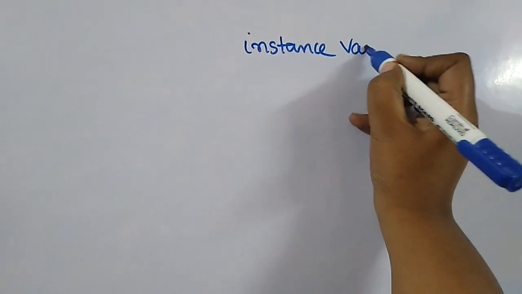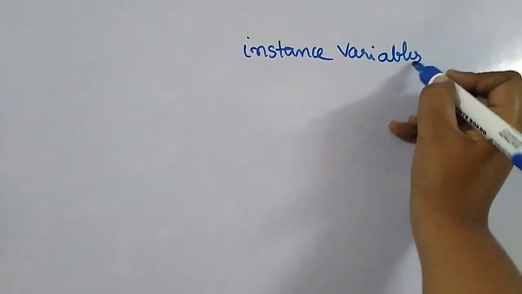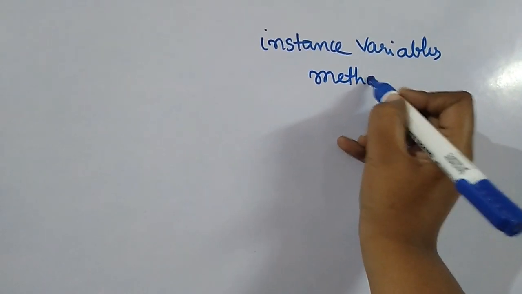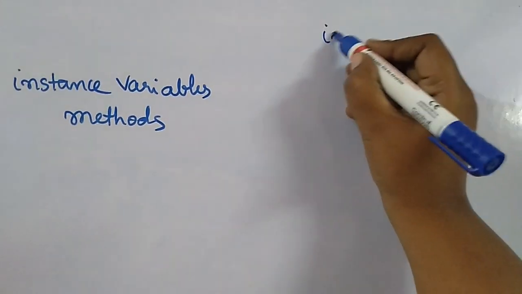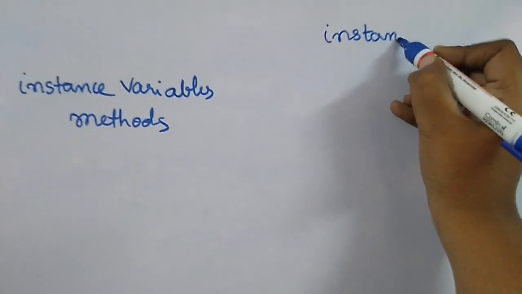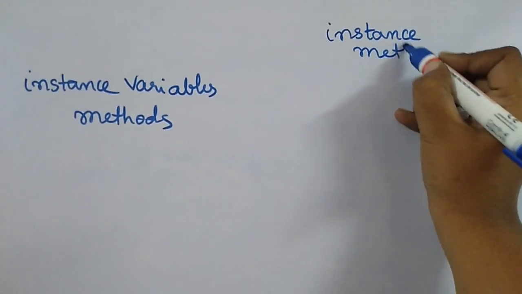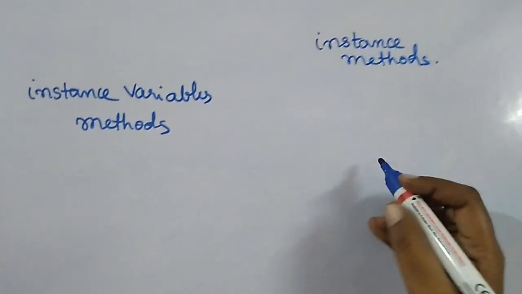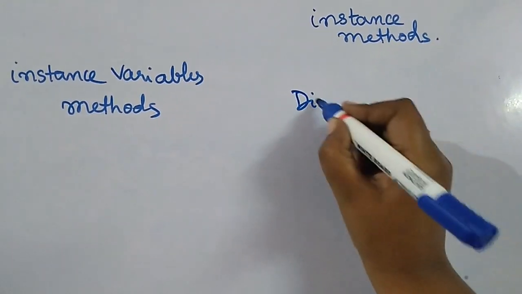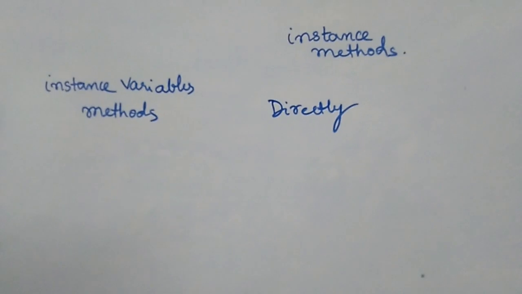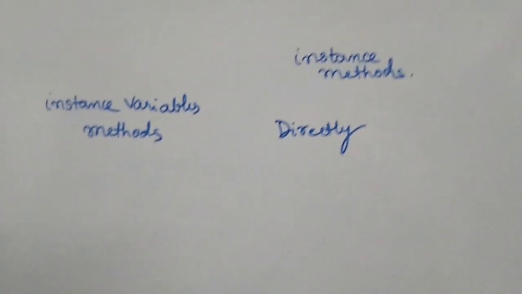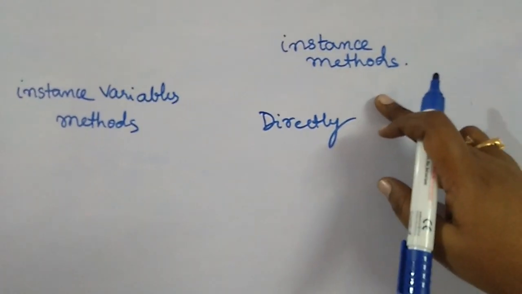Okay, so the instance variables and methods. How to access them in the instance methods? They can be directly accessed. So you can directly call the instance variables and instance methods from an instance method.